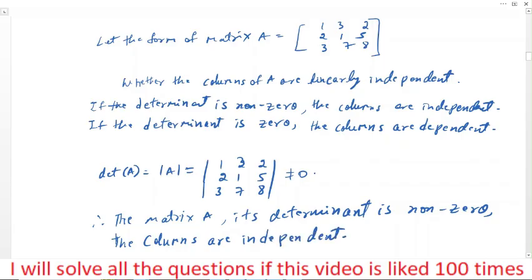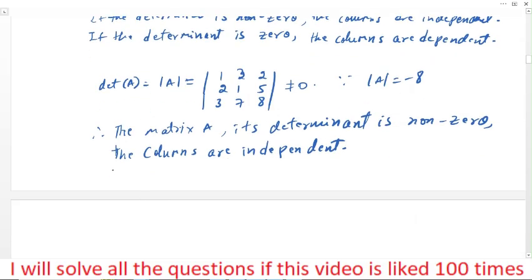When the columns are independent, friends, we can mention that the determinant of A is non-zero. Therefore, we just mention that the vectors are linearly independent. So without wasting time, we'll move to the next question, students, immediately.